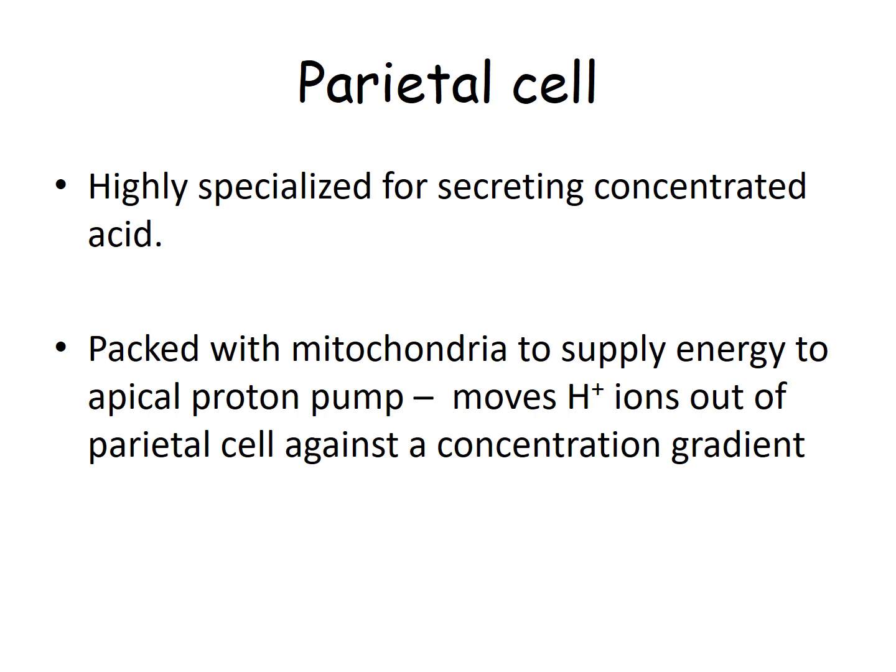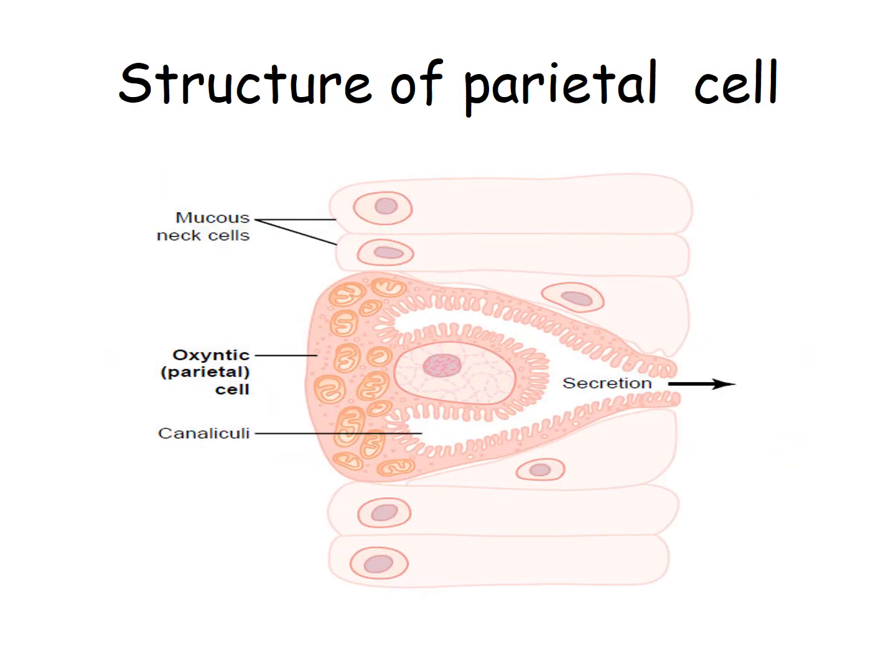So these cells are highly packed with mitochondria, which move the H plus ion out of the parietal cell against a concentration gradient. Here in the structure of the parietal cell, we can see an enormous amount of mitochondria, which will give energy to the cells to release the H plus ion into our canaliculi, against the concentration gradient.